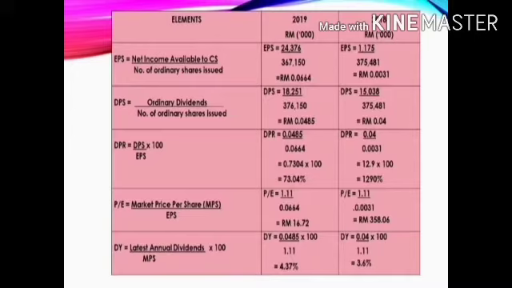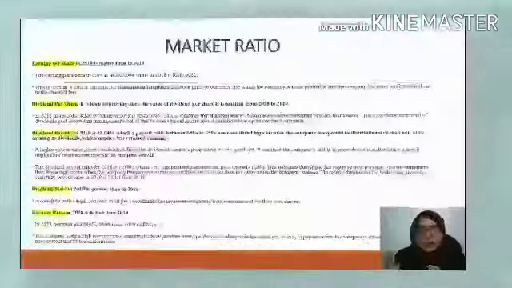The last one, dividend yield, the calculation formula for this ratio is latest annual dividends divided by market price per share and then multiplied by 100. In 2019, the dividend yield value is 4.37%, while in 2018 the value is 3.6%. That is for the market ratio.